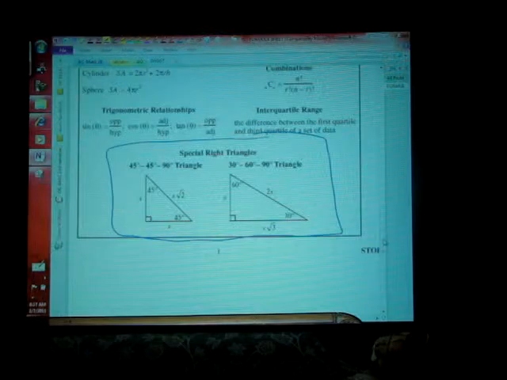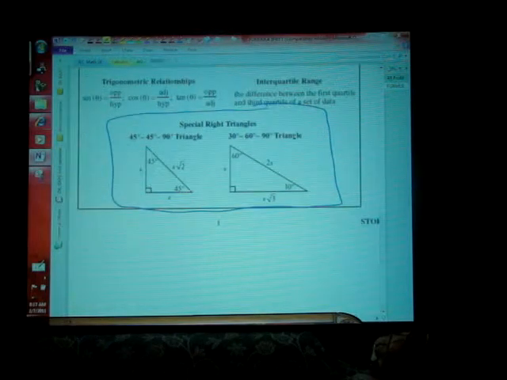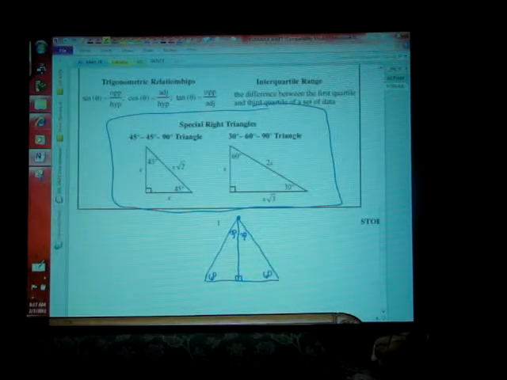Now, here's the interesting thing about an equilateral triangle. If you take an equilateral triangle, like a Dorito, okay? I think Doritos are equilateral. But in any event, if from the very top you drop an altitude, altitudes are always 90 degrees to the base like that, you have two 30, 60, 90 triangles.